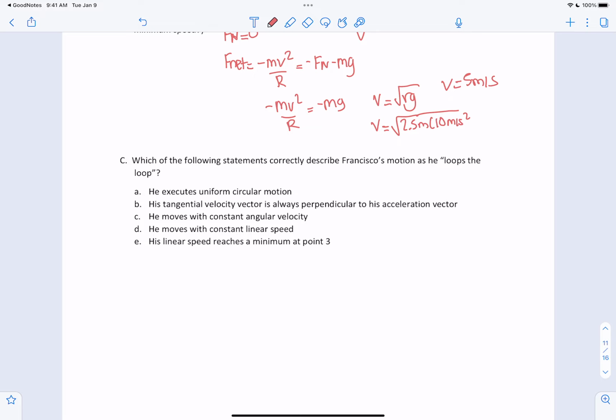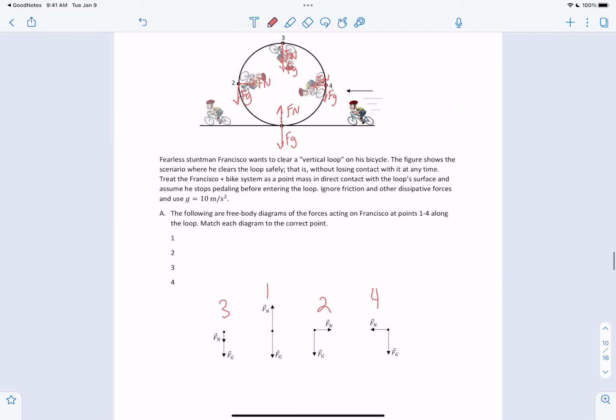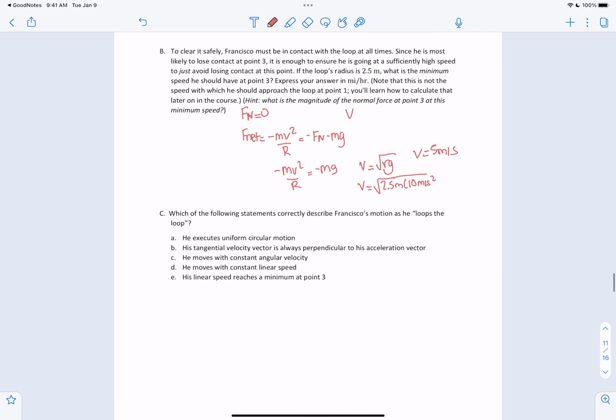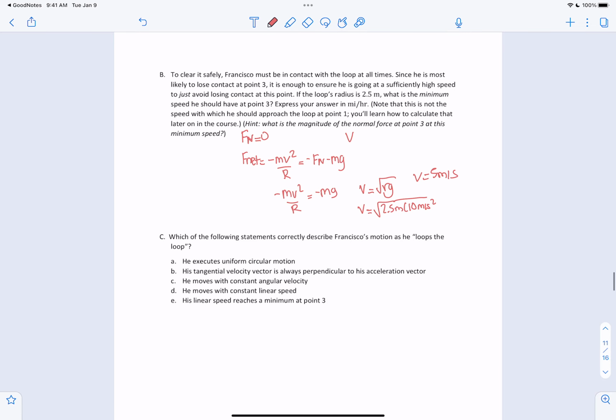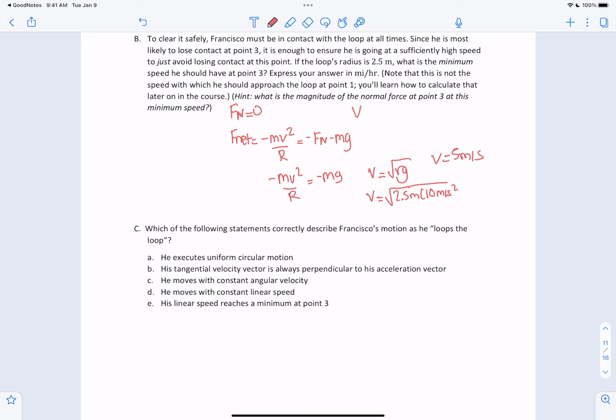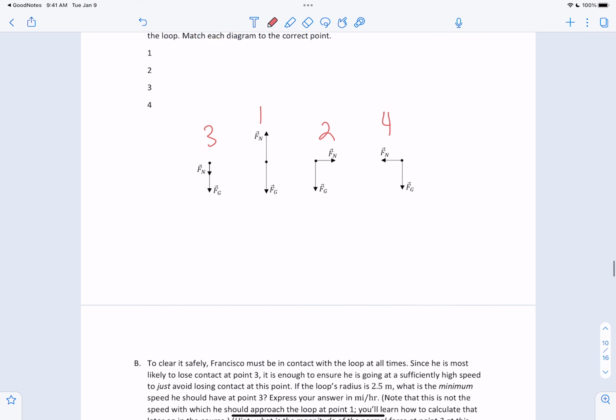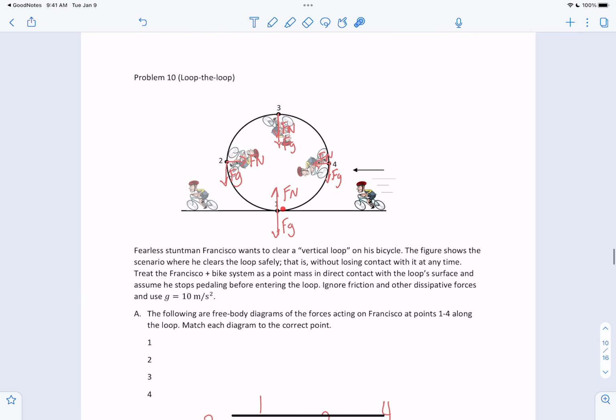So, okay, with uniform circular motion, we know the definition is traveling at the same speed all across that circular motion, right?